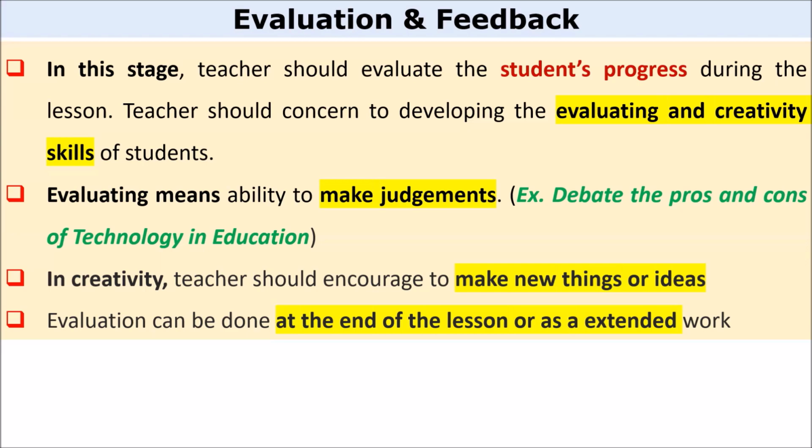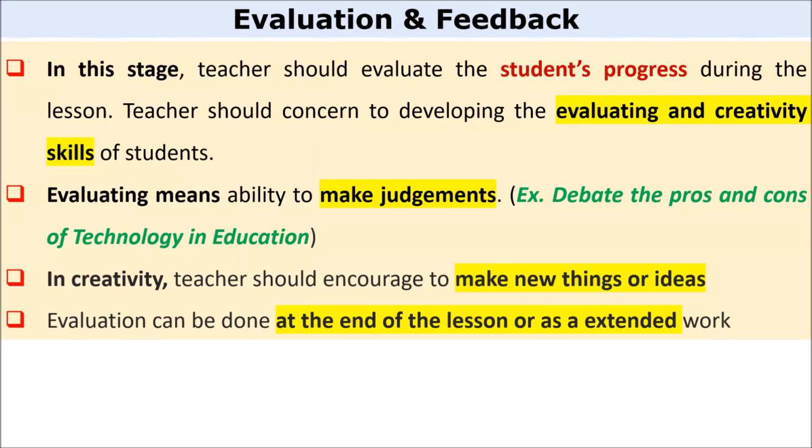Then by using these words, make some new sentences. Right? That's the creativity. Or you can give some words and ask them to make a story. Right? A story containing 10 sentences. That's a type of creativity. That type of activities you want to assign in the evaluation and feedback stage.